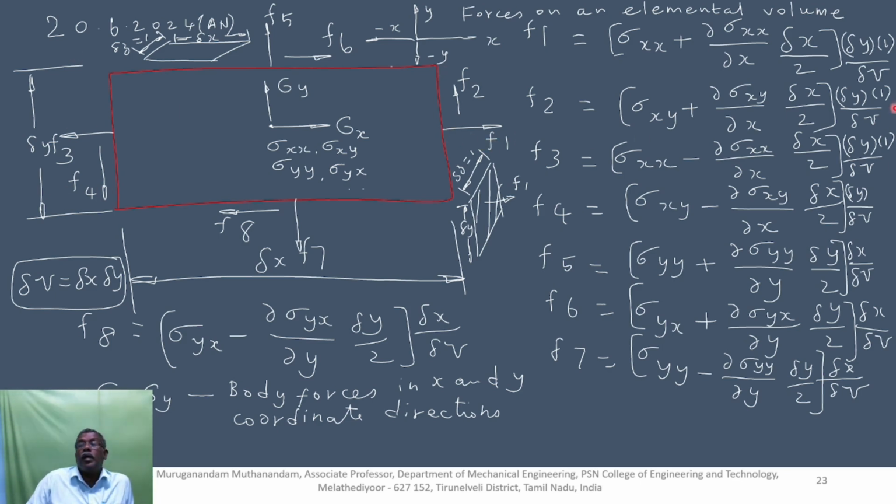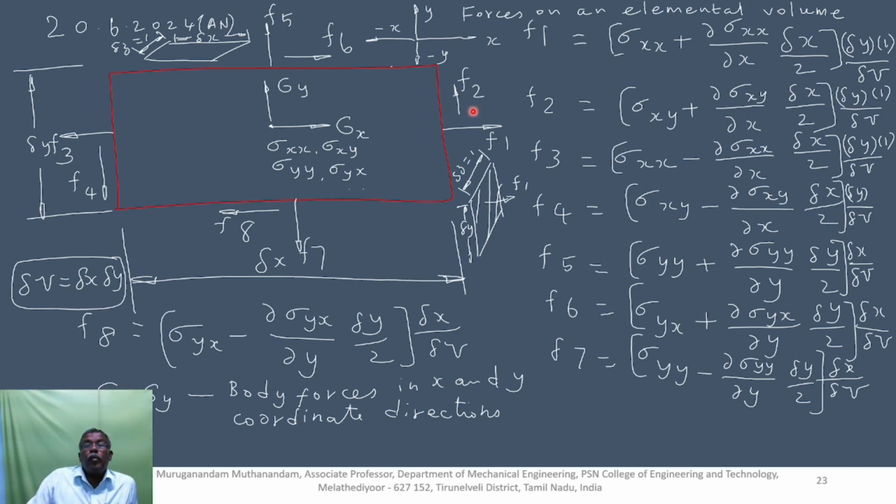Delta y is the length along the vertical direction multiplied by delta z equal to 1. Stress multiplied by area will give the force. If you divide by delta V, which is the volume of this fluid domain, then it is given by sigma xx plus partial sigma xx upon partial x delta x by 2, multiplied by delta y upon delta V.